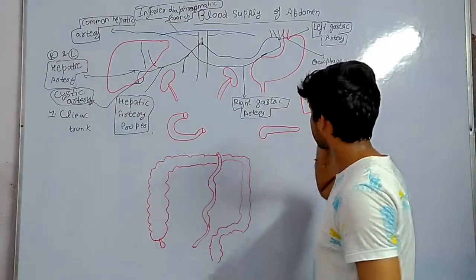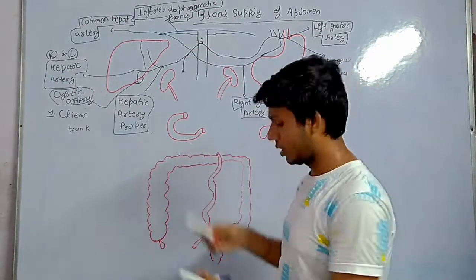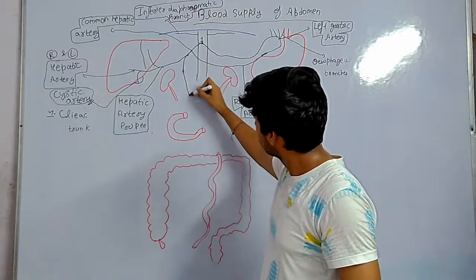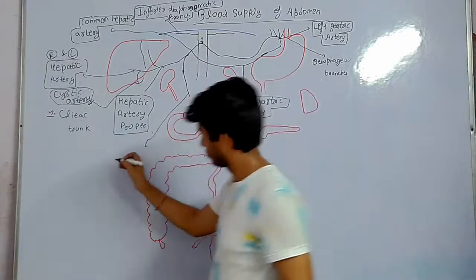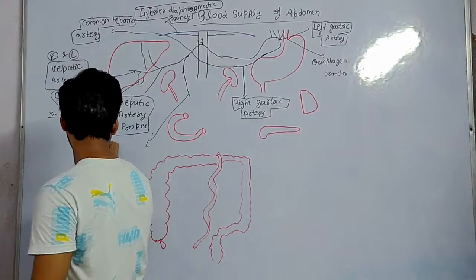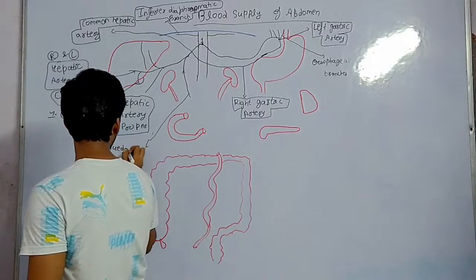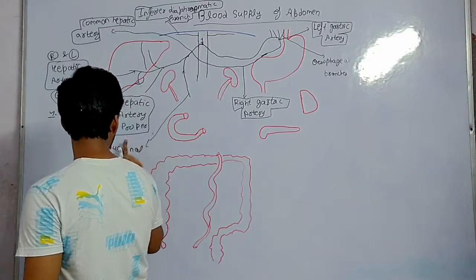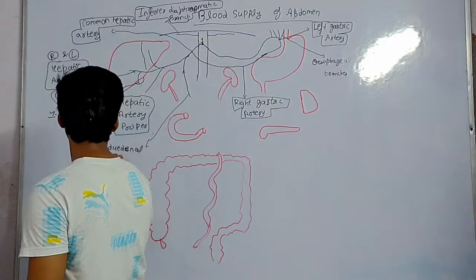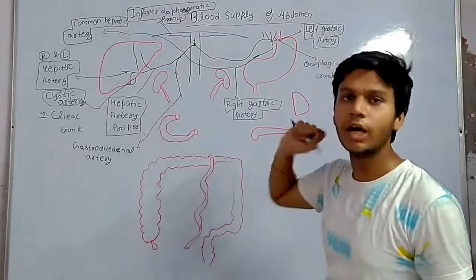Then again, this is another branch of the common hepatic artery. This branch is called the gastroduodenal artery. Done.